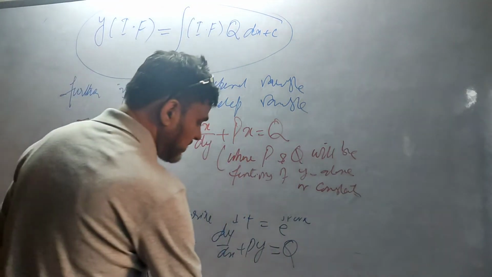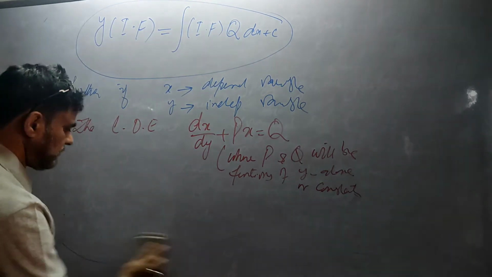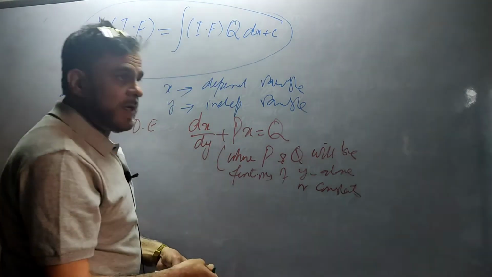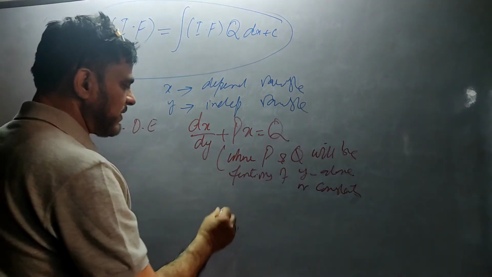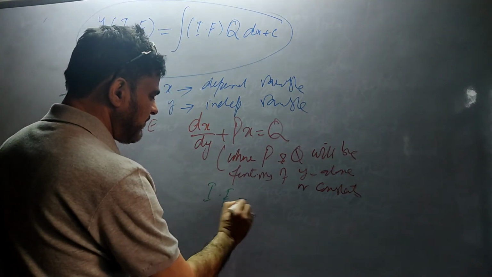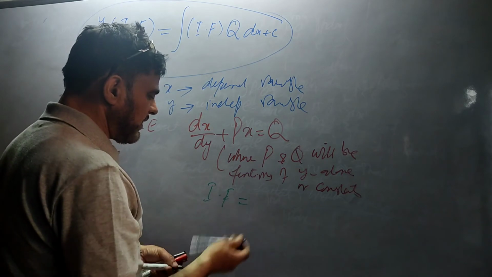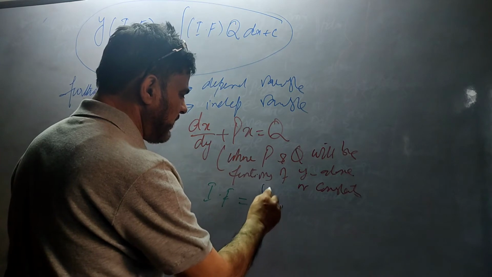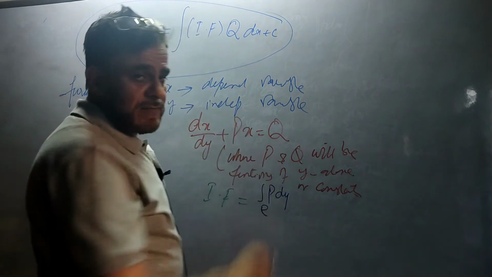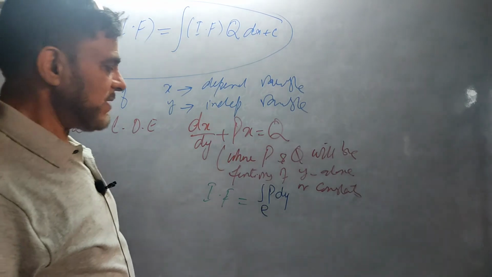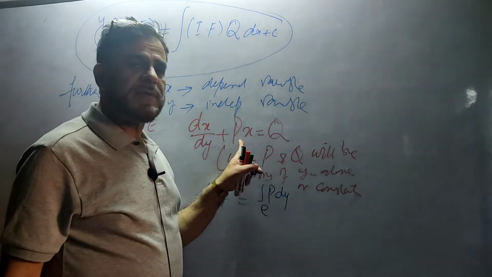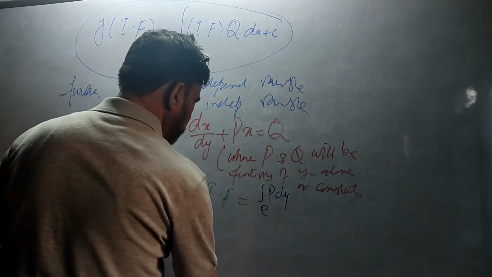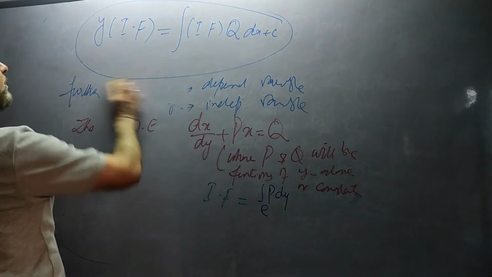And in this case, what is the integrating factor? In this case the integrating factor will be, remember this, e raised to the power integral of p dy. There it was integral of p dx, now it is p dy. Your p here will be a constant or a function of y. Now how will you write down the solution?